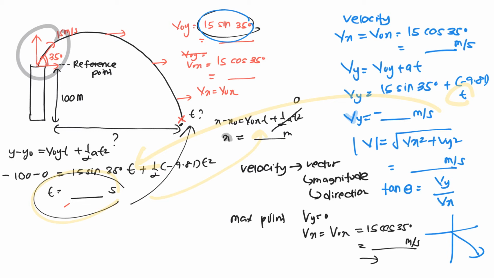There are certain questions where, for example, you have one object like this, moving like that, basically horizontally falling down.